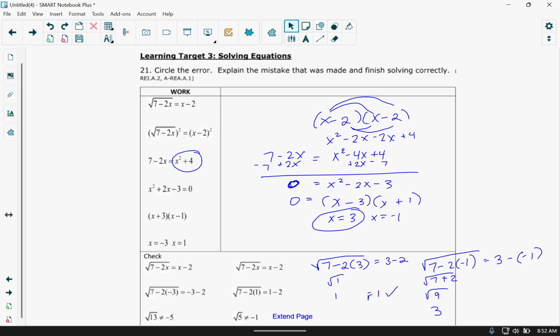Hang on a second, I need to plug in the negative 1 on the right side. The right side is x minus 2, so it's going to be negative 1 minus 2, which is equal to negative 3. Positive 3 does not equal negative 3, so x equals negative 1 is going to be the extraneous solution.